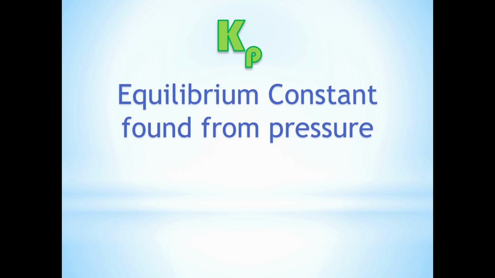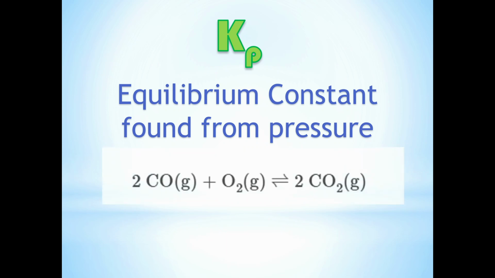So K sub C is my molarity. K sub P will be pressure. It sets up exactly the same way. If I have 2 CO plus O2 gives 2 CO2, then my K sub C would be CO2 squared divided by CO squared times O2.